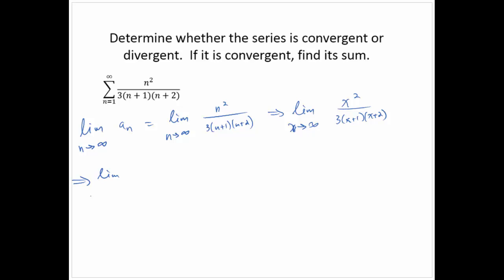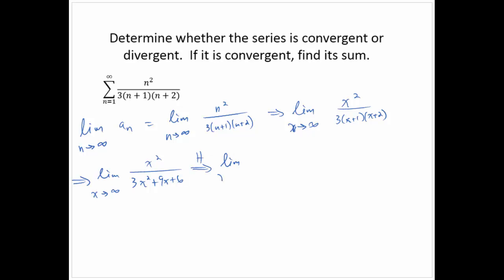So that's the limit as x approaches infinity of x squared, and multiplying out the denominator, I'd have 3x squared plus 9x plus 6. Now that's infinity over infinity, so I'm going to apply L'Hopital's rule.